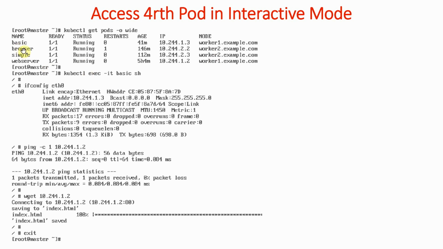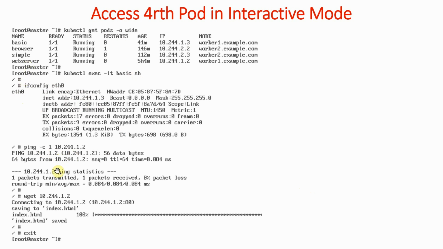Now we want to enter into this pod in interactive mode. Again the command is kubectl exec -it basic, and we are running the sh command. And if we run ifconfig eth0, it is showing 10.244.1.3. That means you can verify in this way also, or by running the other command. Now from this fourth pod we will try to ping our web server pod.